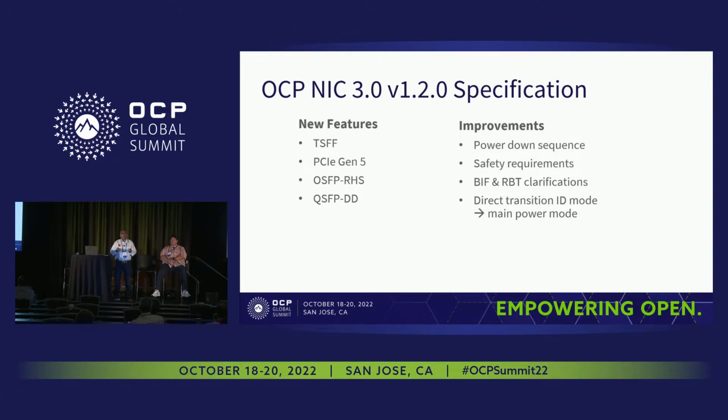The power down sequence and the whole power state transition were further enhanced. And another thing we did is that in this 1.2 version, you can directly go from ID mode to main power mode. So those are some of the key enhancements and new features that were added to 1.2. With that, let me hand it to John to go over some of those in more detail.